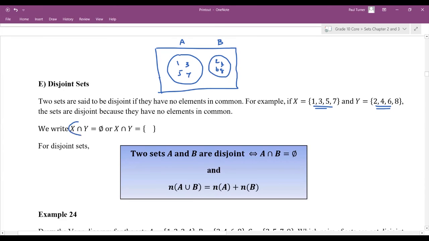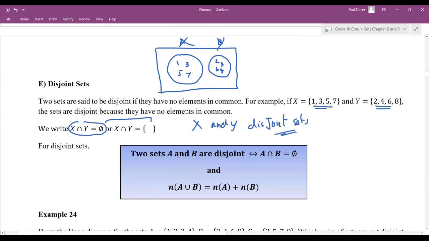So we can write it like this. The intersection of X and Y, I should have called that X and Y, shouldn't I? Better. So the intersection of X and Y is empty, or you can write that as an empty set like that. So X and Y are disjoint sets.